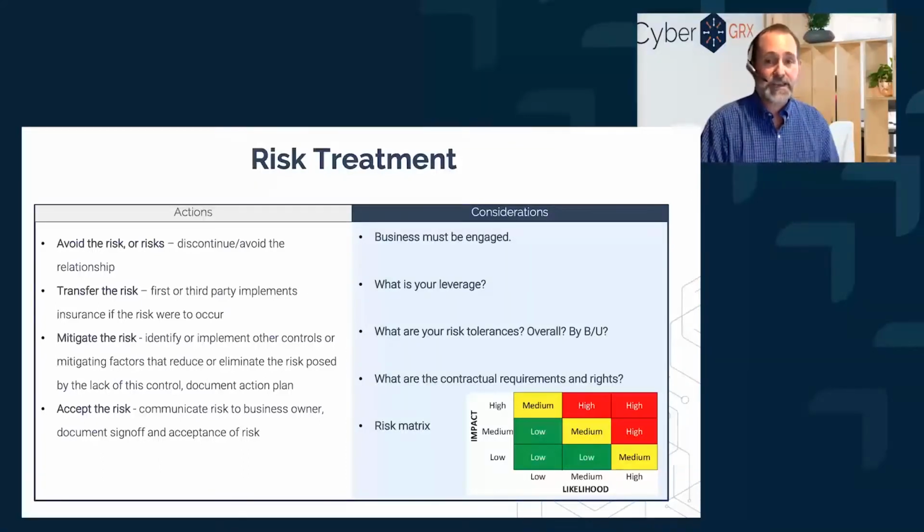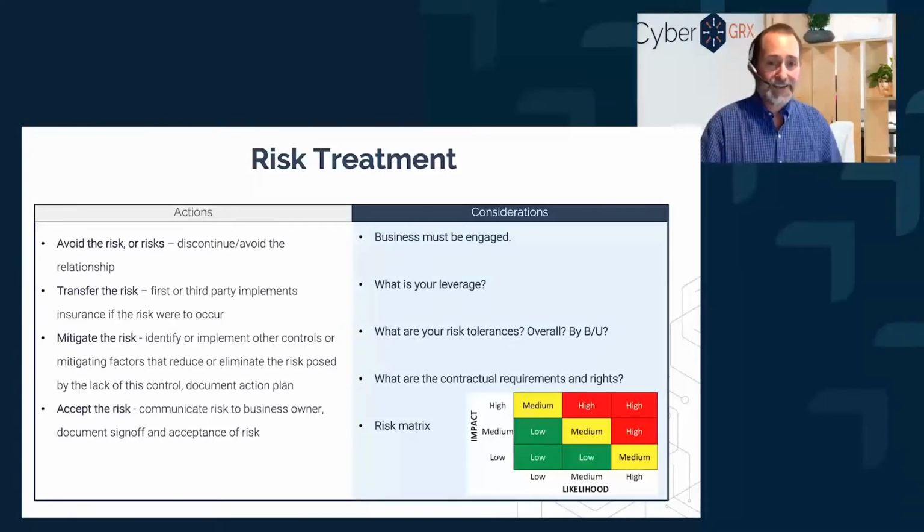What is the organizational or the business unit's risk tolerance? And do you have contractual requirements and audit rights? Can you come back and review them in 6 months or a year or 2 years? And then we'll talk about the risk matrix, which I'm sure everybody's seen, in just a moment.